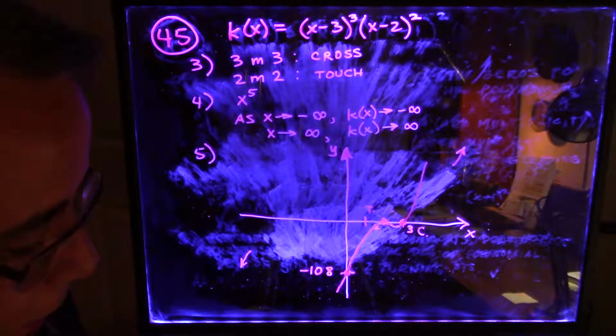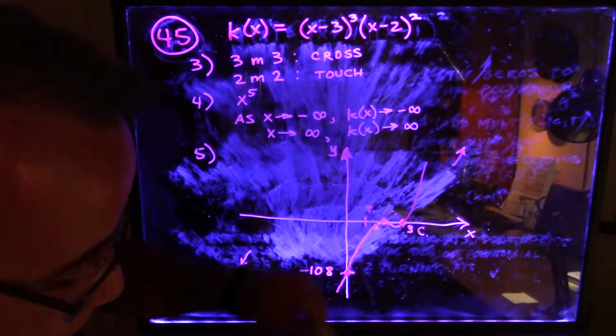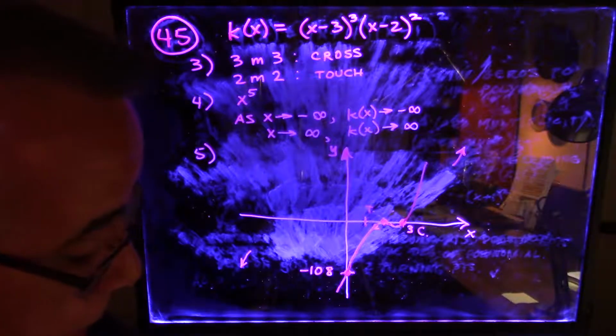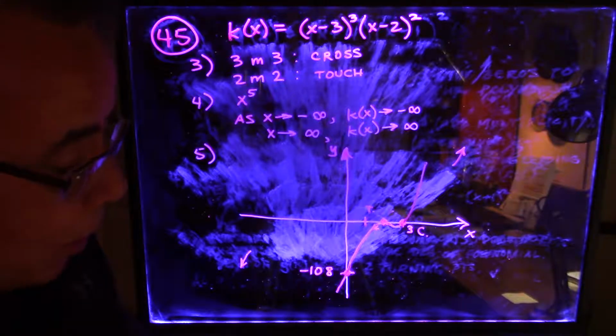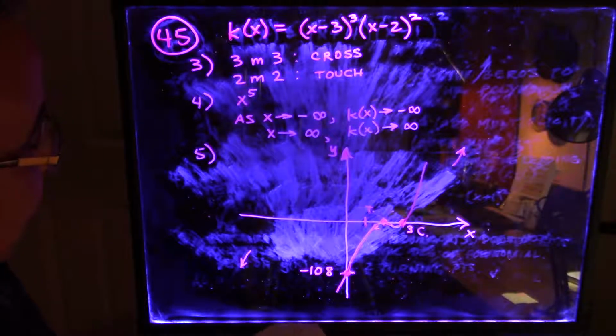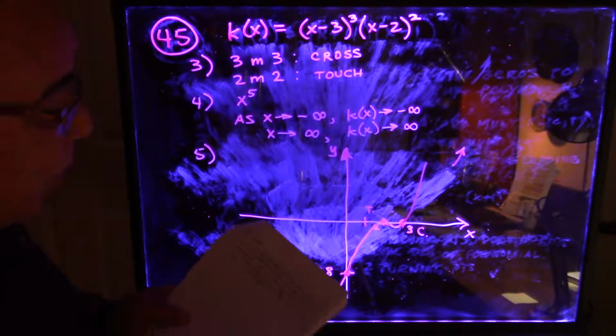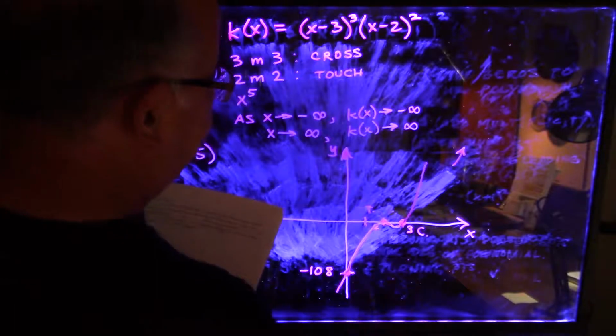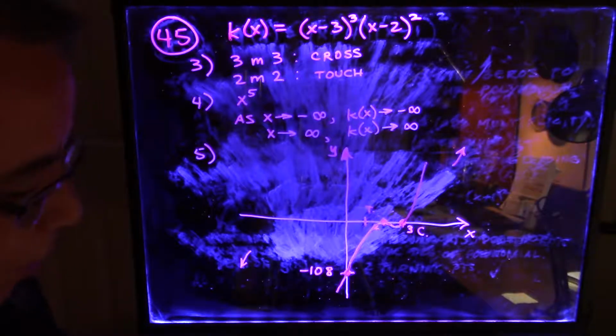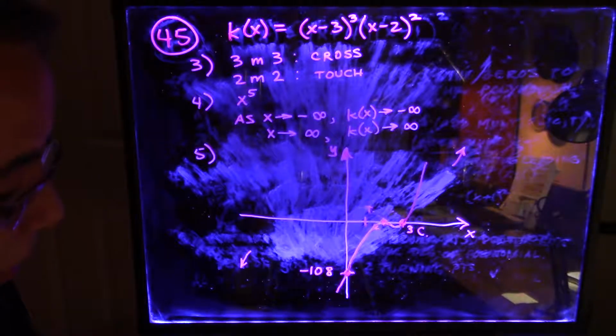And then, what do we have next? Ensure that the number of turning points does not exceed 1 less than the degree of the polynomial. Okay, the degree is 5. How many turning points are there? 1, 2. Alright, here and here. So, yeah, 2 does not exceed 1 less than the degree of 5.